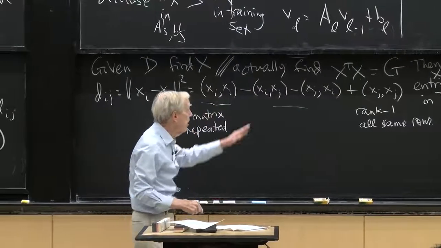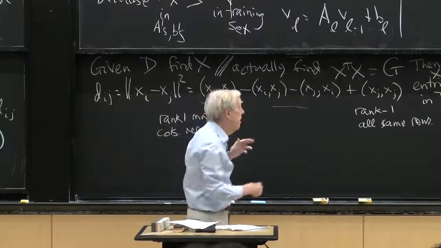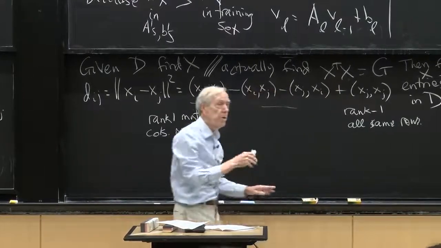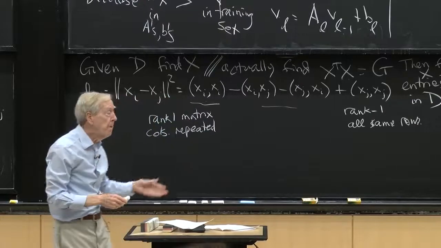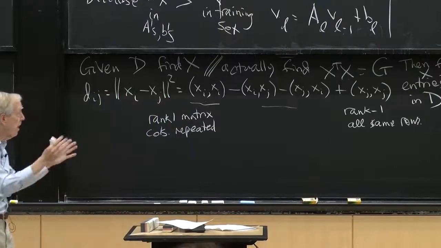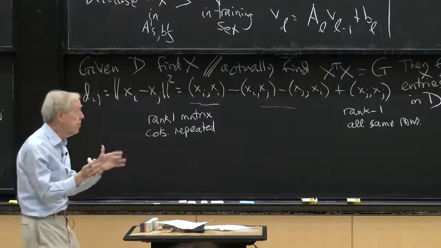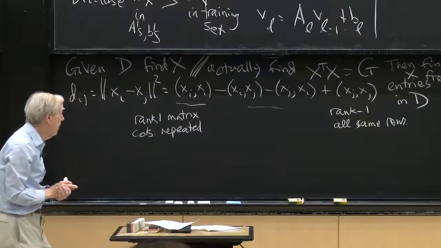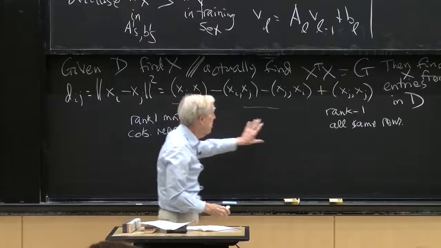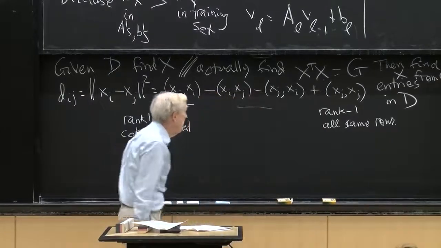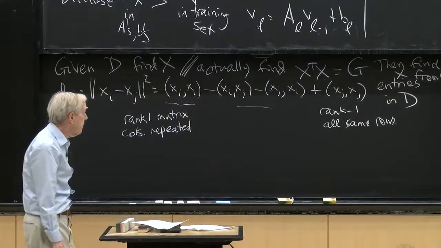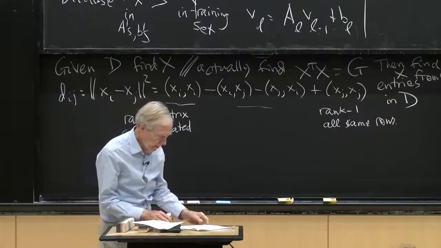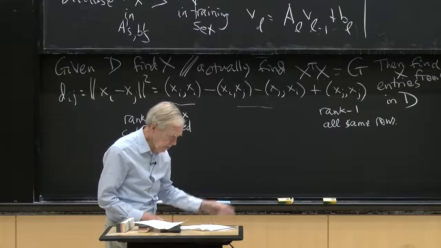If I put in a rotation Q into X, then I'll see a Q transpose Q and it'll disappear. So I'm free to rotate the X's because that doesn't change the dot product. So it's G that I want to know. And this tells me something about G, and this tells me something about G. And so does that, but that's what I have to see. So what do those tell me?